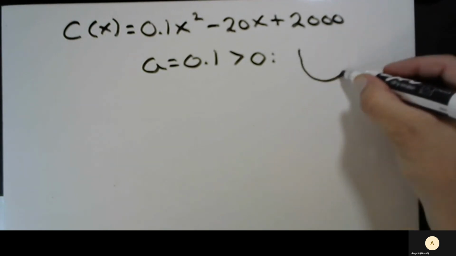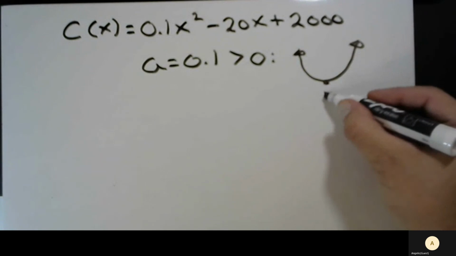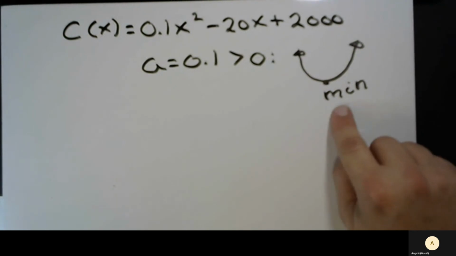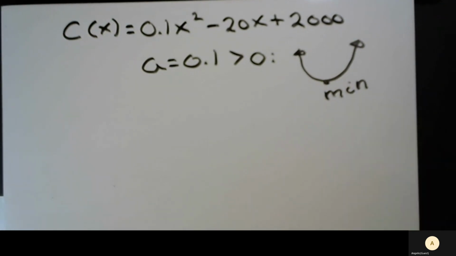So this means we have this kind of a parabola, and the vertex is going to be a minimum. So if we find the vertex, we're going to find the minimum of this cost function.